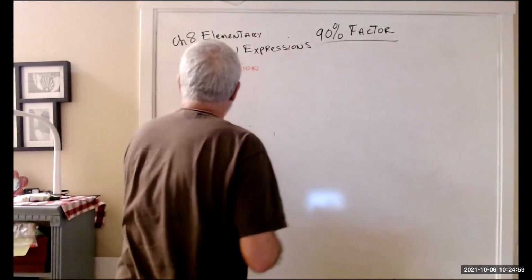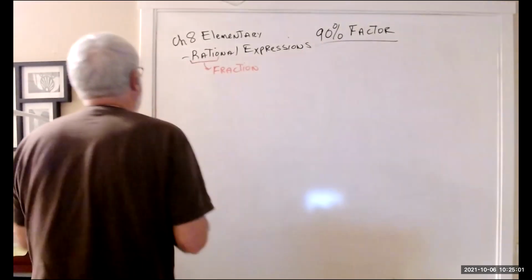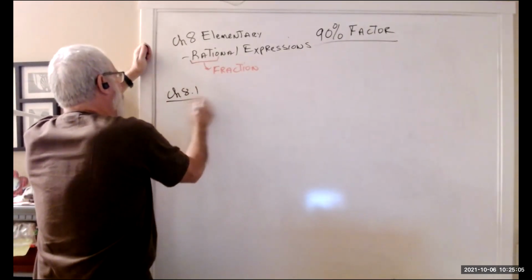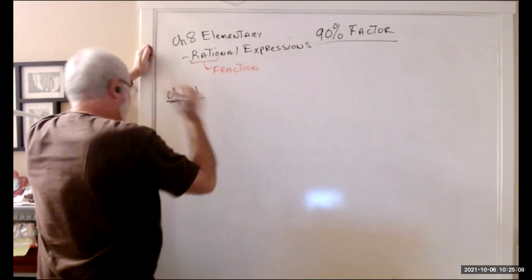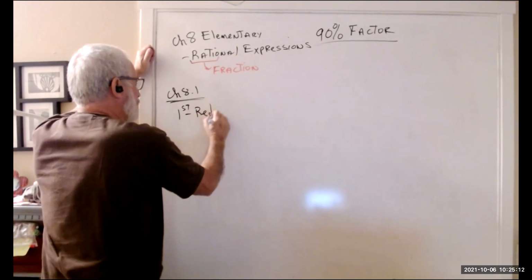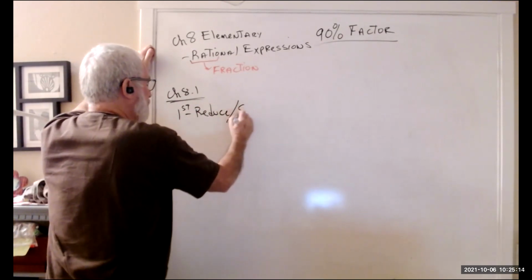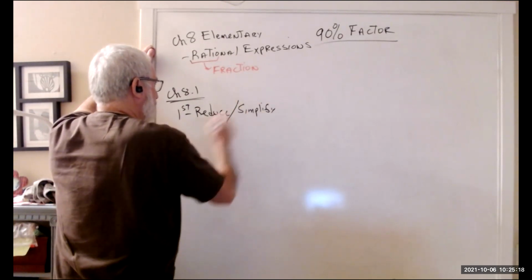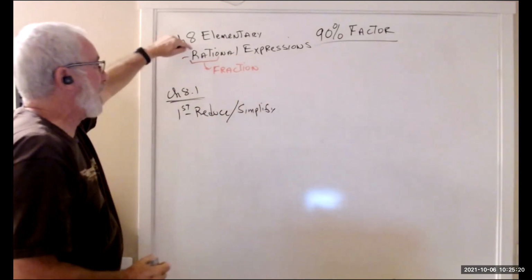So, having done that, we're going to go into chapter 8.1. The first thing we're going to talk about is how to reduce or simplify a fraction, a rational expression.